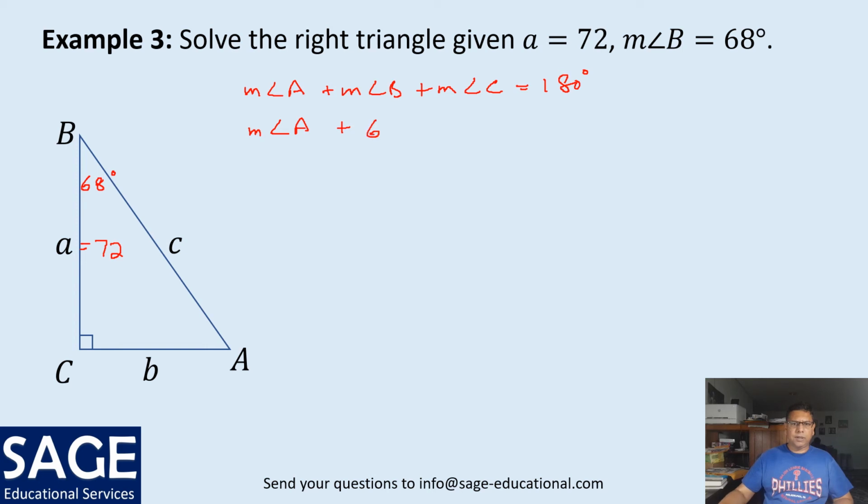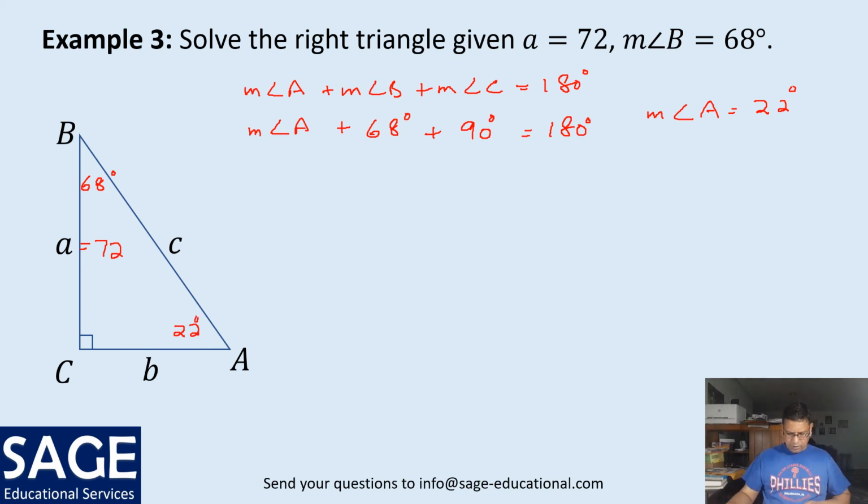Measure of angle B is given as 68 degrees. Measure of angle C always is 90 degrees. And the sum is equal to 180 degrees. So solving this for angle A, we get measure of angle A is equal to 22 degrees.